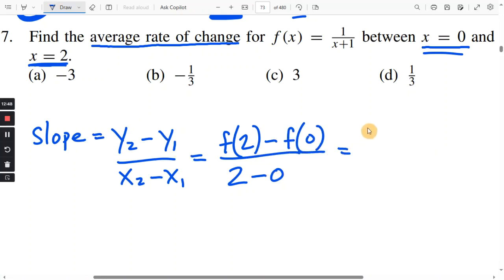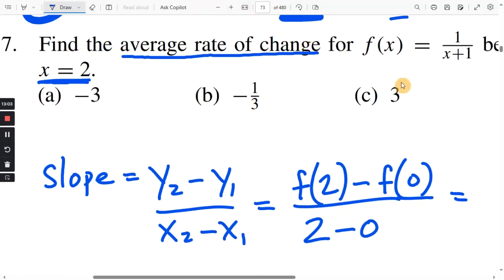All right, and we have the f of x function right here. So f of 2 means we plug in x equals 2 in the function for f of x.